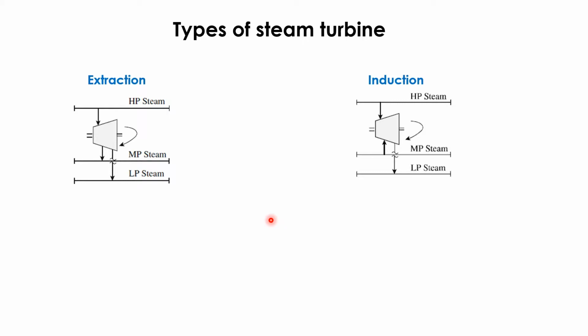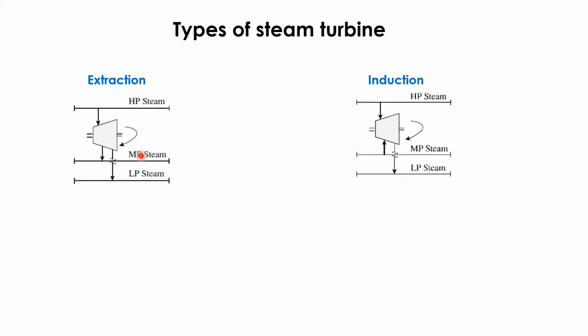Okay, in this slide you see an extraction machine. The extraction bleeds off part of the main steam flow at one or more points, for example, here two points. A single extraction, with both extraction and the exhaust being fed to the steam mains.